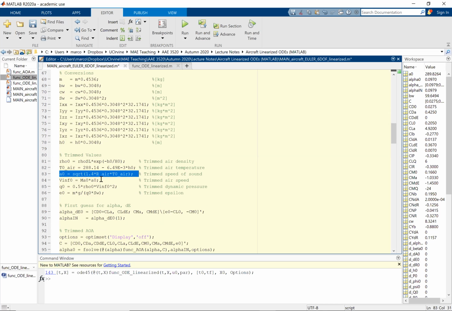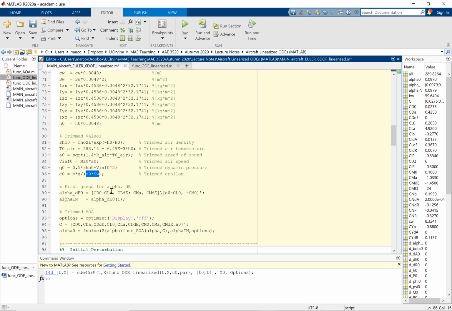Then we can calculate the trimmed air speed by multiplying the Mach number by the speed of sound, the dynamic pressure, and the epsilon, which is simply the weight of the aircraft, m times g, divided by the dynamic pressure times the wing surface area.